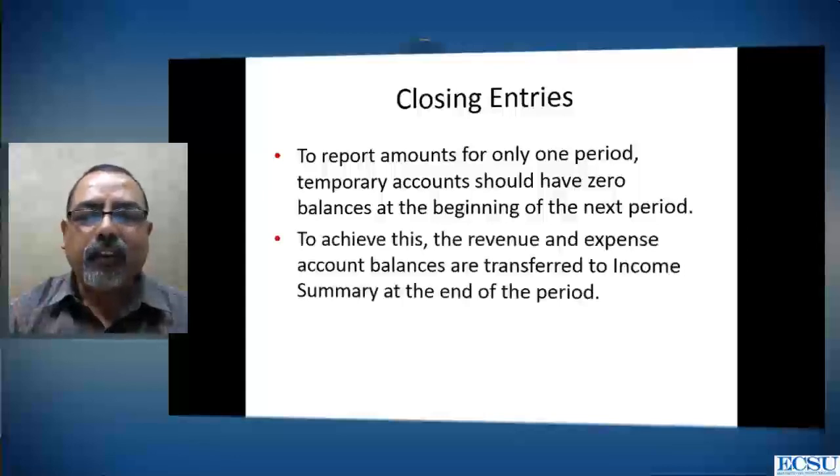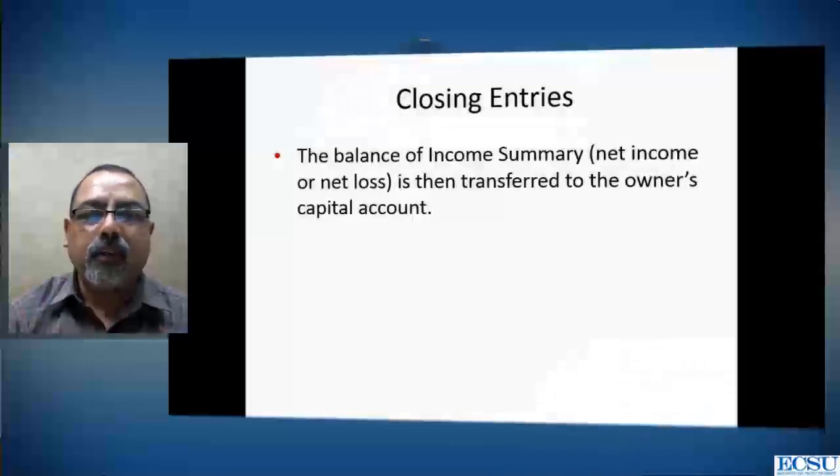Now, to achieve this, the revenue and expense account balances are transferred to a temporary account known as the income summary account at the end of the period. Now, please understand, income summary is only a temporary account that is opened. The balance of income summary would be either a net income or net loss, because we know revenue minus expense would be a net income.